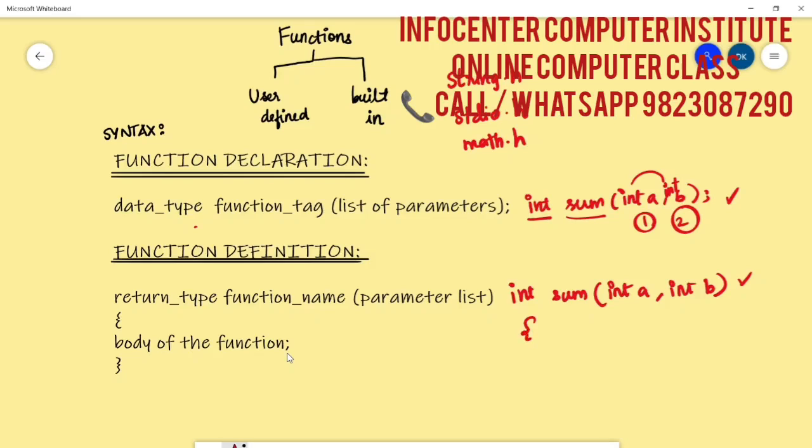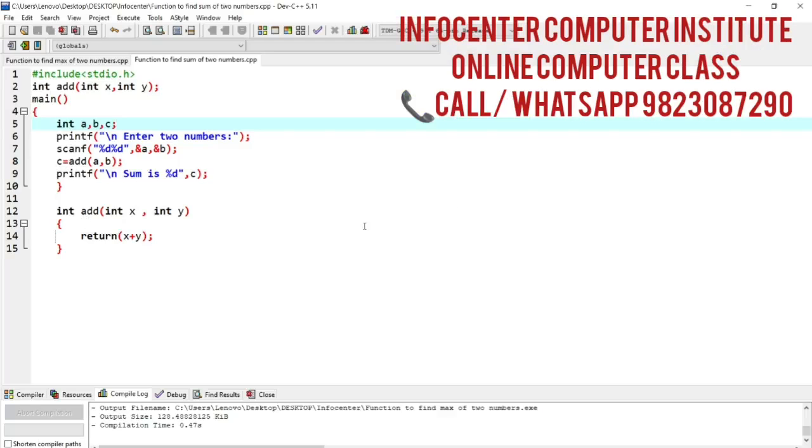Inside the curly braces, you are going to return the result of sum a plus b. Right, and then we are going to close the brace. So int is the return type and sum is the function name. These are the parameters that are passed from the calling function, and this is the body of the function. So now without any further delay, we will dive into our first program.